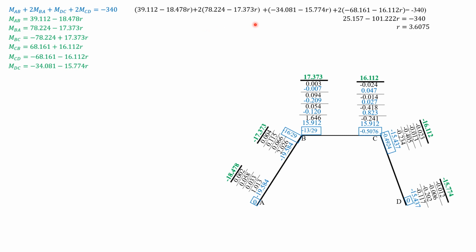So combining the constants on the left, that's 25.157, combining the R on the left, negative 101.222 R, then equals negative 340. From here, we can now solve for R.